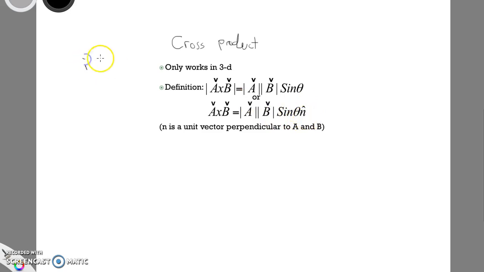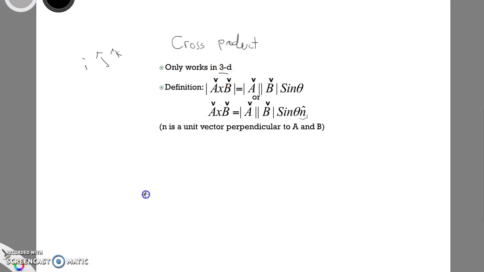Like we use i, j, and k when we write vectors in unit vector notation, what this n represents is some combination of these that makes this vector perpendicular to both A and B at the same time. So this is a three-dimensional vector product.